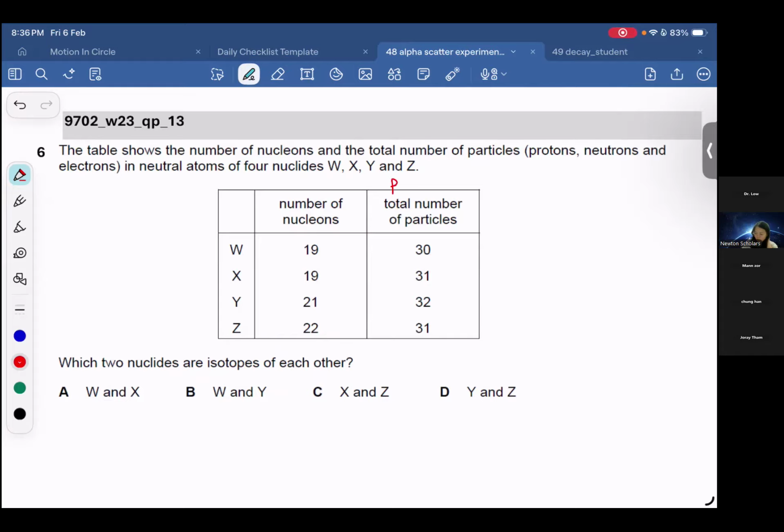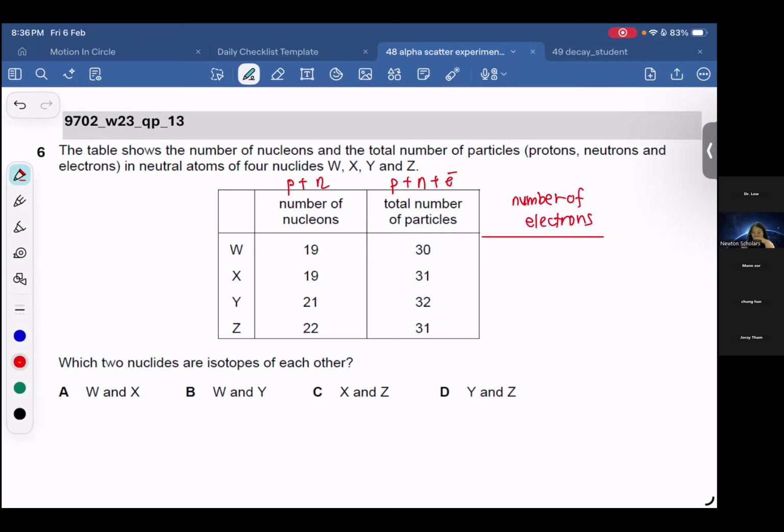Okay, this is proton plus neutron plus electron. Nucleon number is proton plus neutron. Okay, here from these two, proton, proton, neutron, neutron, that means if we subtract, we can get the electrons. So we find the number of electrons first.